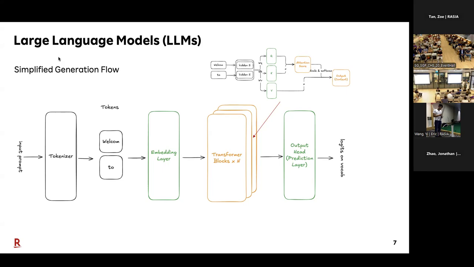Then it goes through the embedding layers, which become hidden states, representations in higher latent space, and those representations go through the stacked transformer blocks, and then go to the output head or the prediction layer, and we get the outputs on the vocabulary set. So that's the basic flow to generate a token for a large language model.